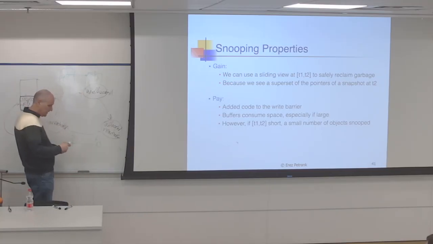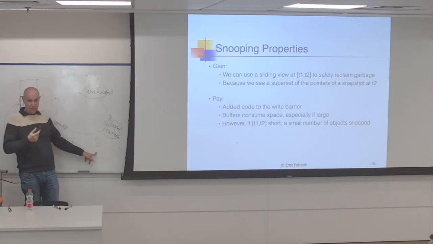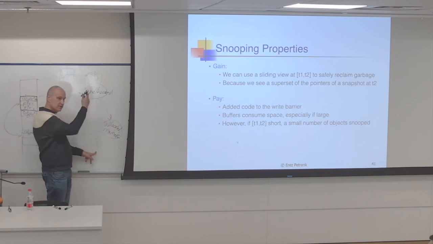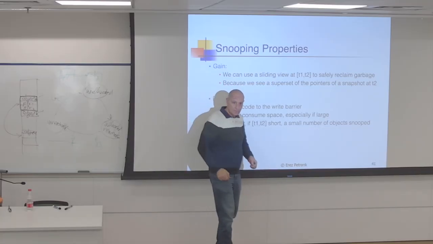We don't read the whole heap at T2, but the set of pointers that we see is at least the set of pointers that we would see if we did a snapshot at T2. So we see all the pointers that exist at T2, plus maybe some more, using this snooping.